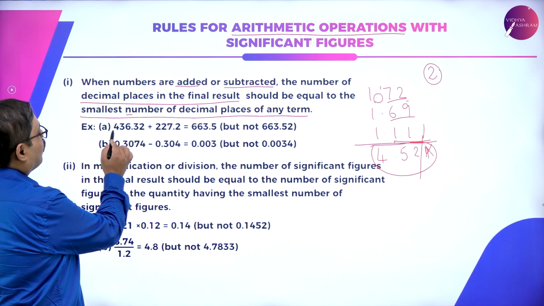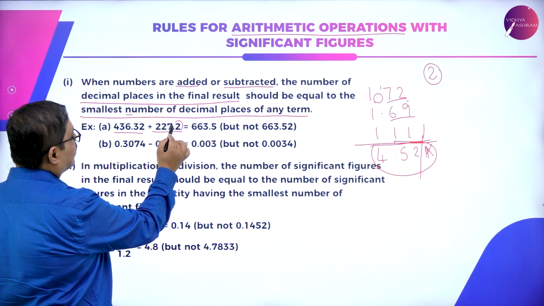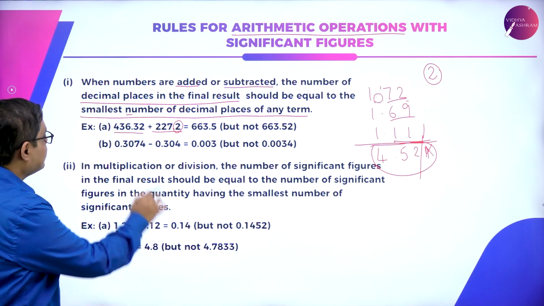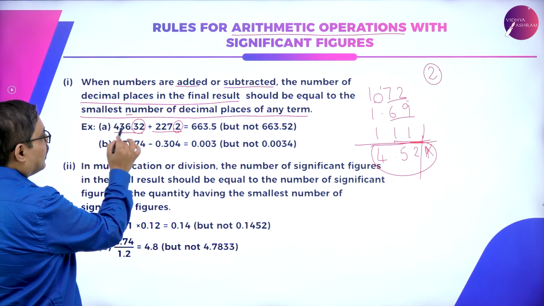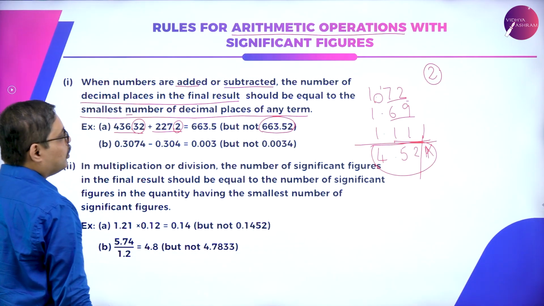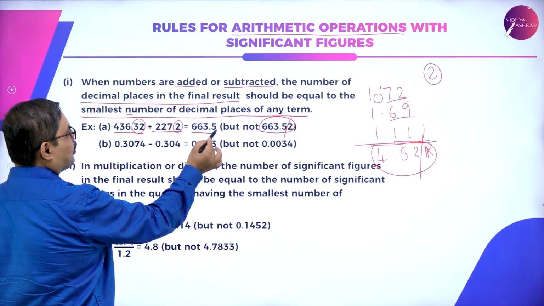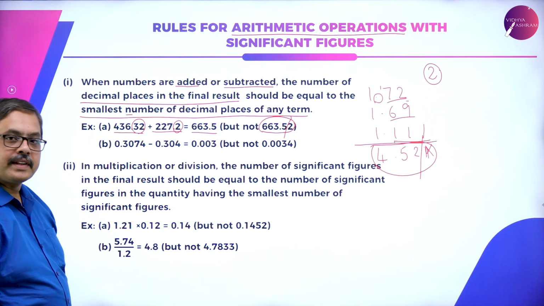See, I am adding 436.32 and 227.2. Here you can observe there is only 1 digit after the decimal place. Here there are 2 digits. Ideally, my answer is 663.52. But what am I doing? I am leaving out the last decimal and writing only 663.5. Is that understandable?